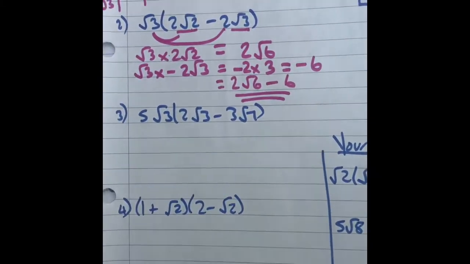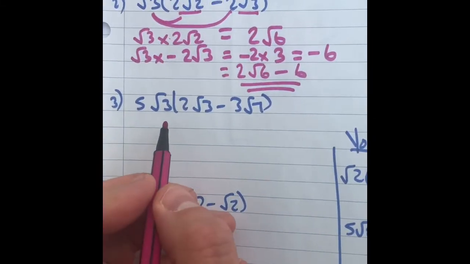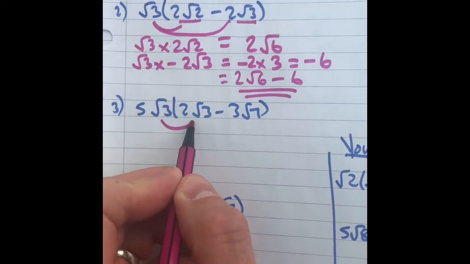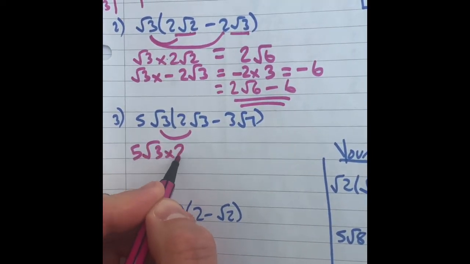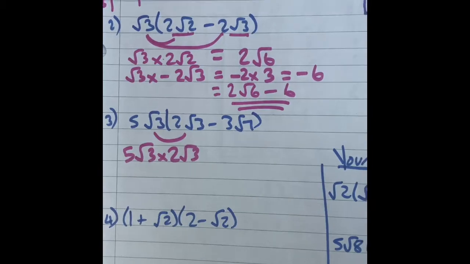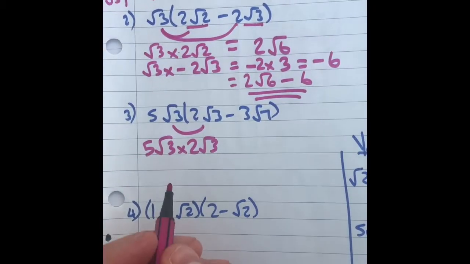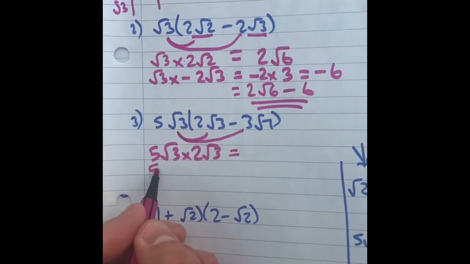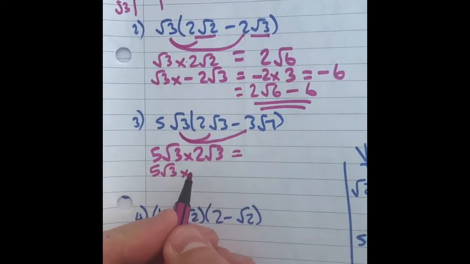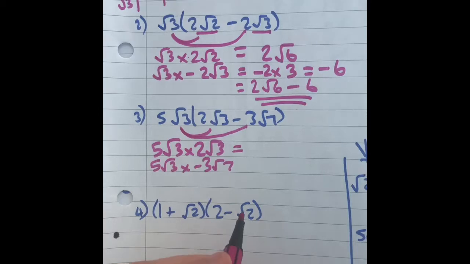Number 3. So 5 root 3 times by 2 root 3. That's the first part. We've just done some of them in clip 115. And then the second one is 5 root 3 times by minus 3 root 7.